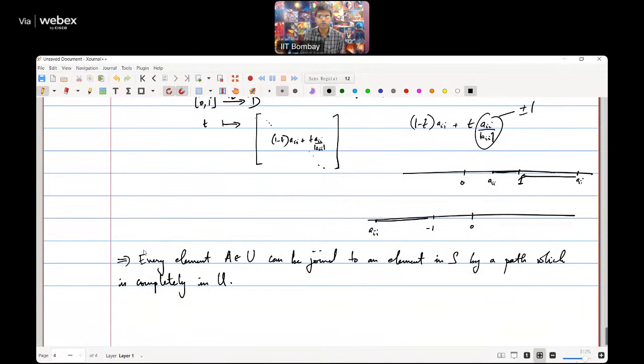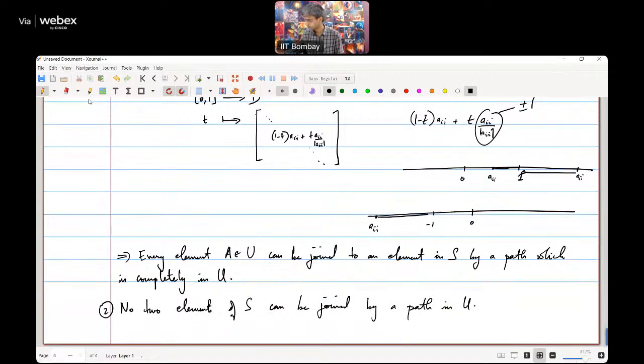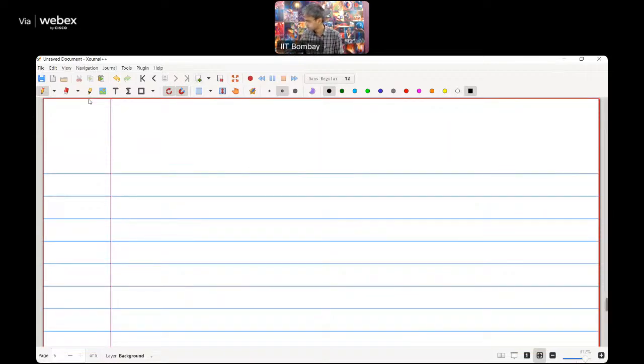The next step that we need to show is that no two elements of S can be joined by a path in U. So step 2 is: no two elements of S can be joined by a path in U. This step is easy.